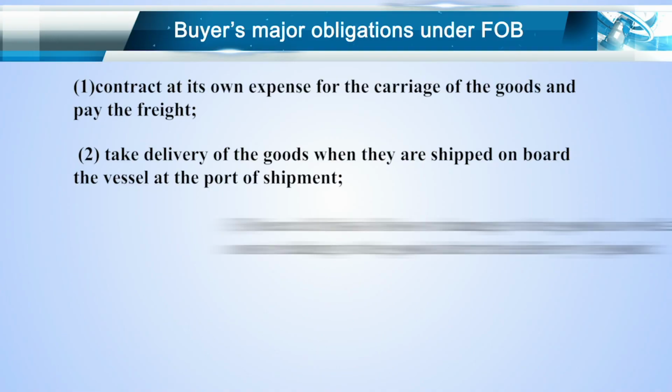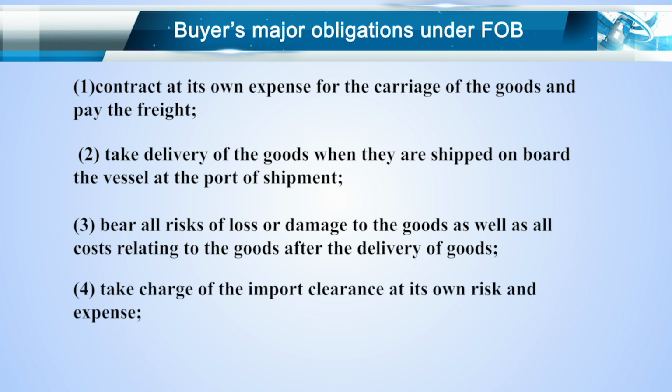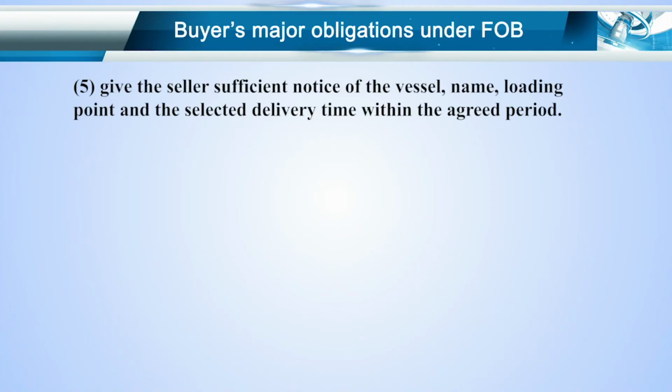Bear all risks of loss or damage to the goods, as well as all costs relating to the goods after the delivery of goods. 4. Take charge of the import clearance at his own risk and expense. 5. Give the seller sufficient notice of the vessel name, loading point, and the selected delivery time within the agreed period.